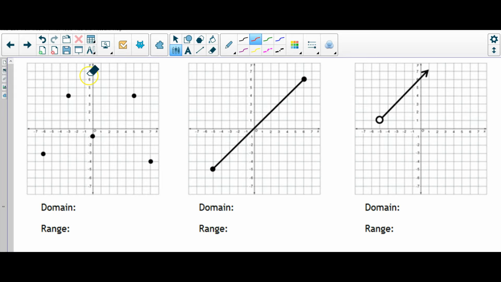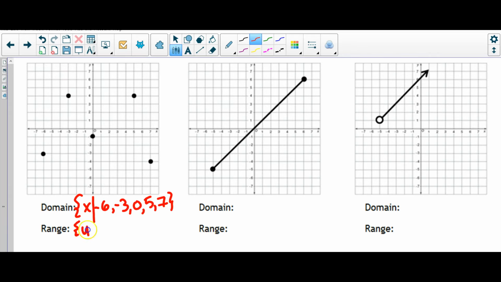Okay, this is a discrete graph. So this is not continuous. When we do not have a continuous graph, that's where you list the actual values, which you did on day 1. So our x values are going to include, and this is when we list our numbers from smallest to largest, and we don't repeat the values: x = -6, -3, 0, 5, and 7.